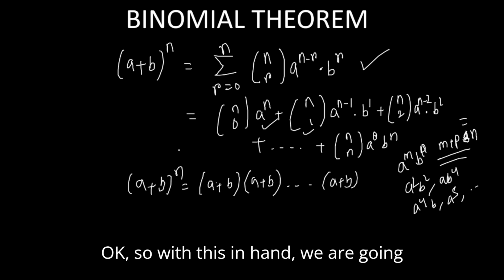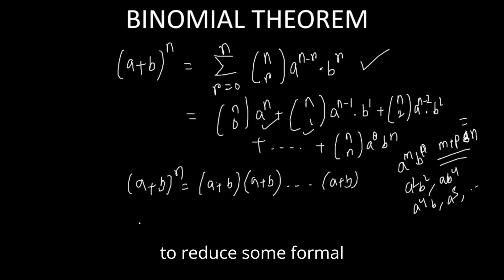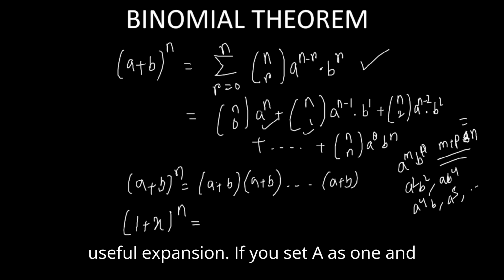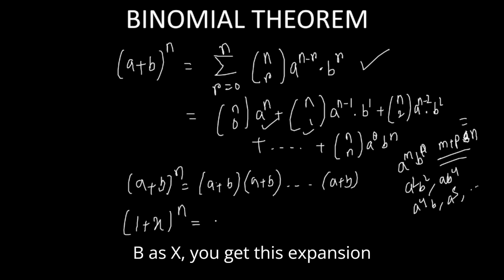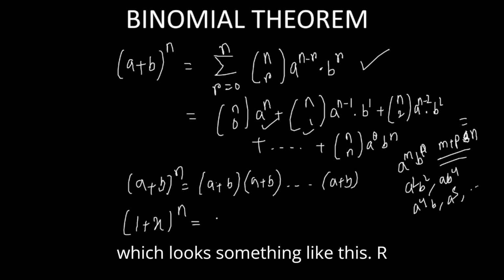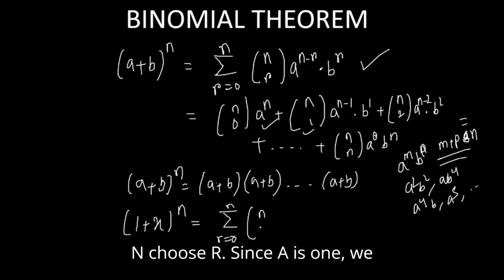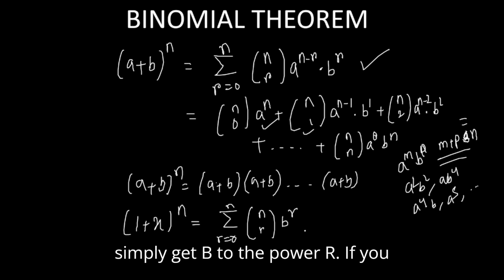Okay, so with this in hand, we are going to deduce some corollaries from this. So this is another useful expansion. If you set a as 1 and b as x, you get this expansion, which looks something like this: summation r equals 0 to n, n choose r. Since a is 1, we simply get b to the power r.